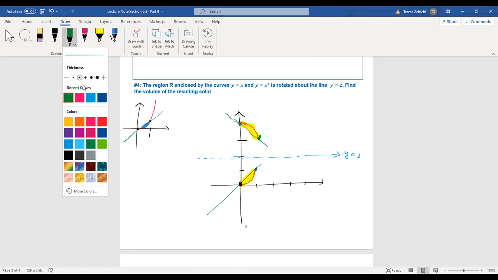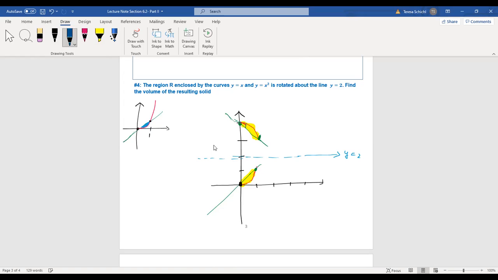Now let me cut a slice. This is my slice, my disc. Because I'm only worried about the volume generated by the yellow area, what is my radius here?